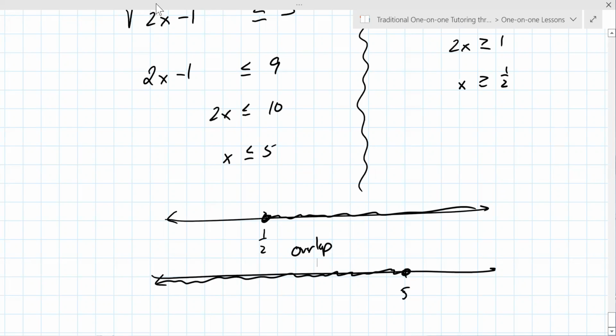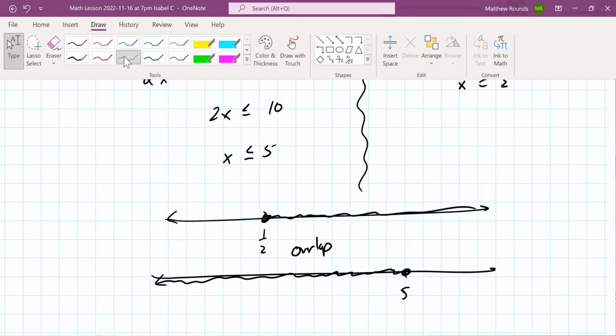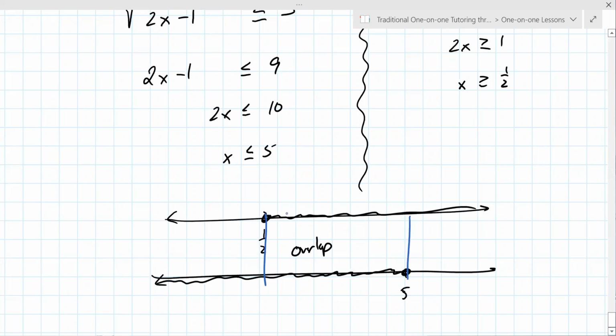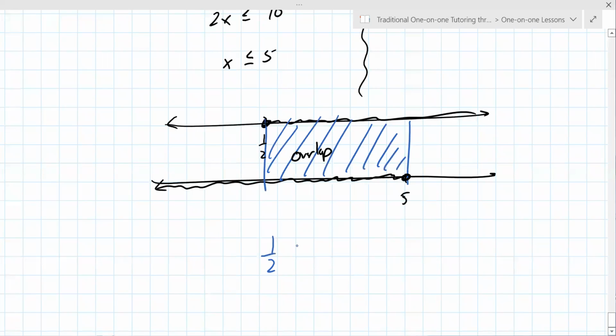The overlap is between those two numbers. That's why you say it's from 1/2 less than or equal to x less than or equal to 5. Okay, I get that now.